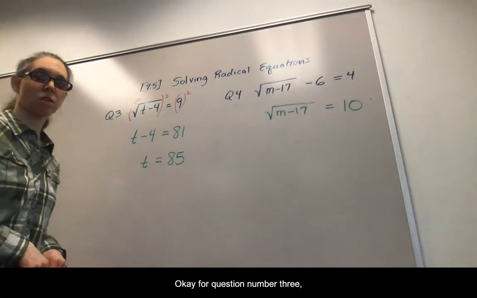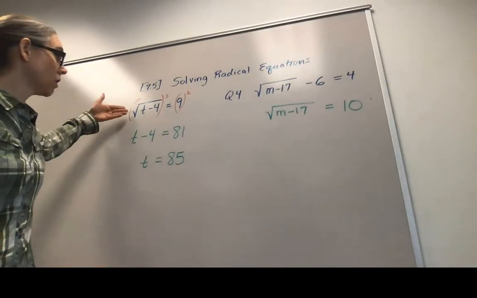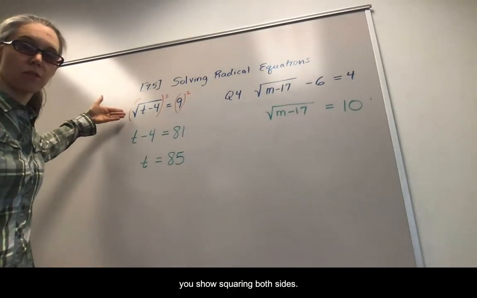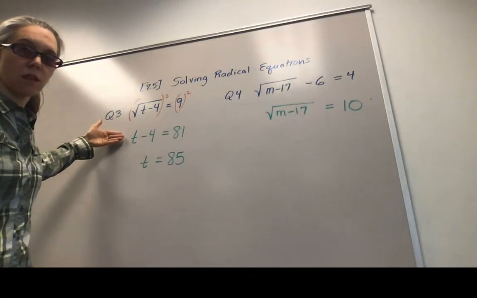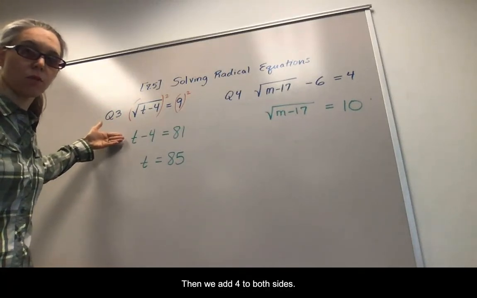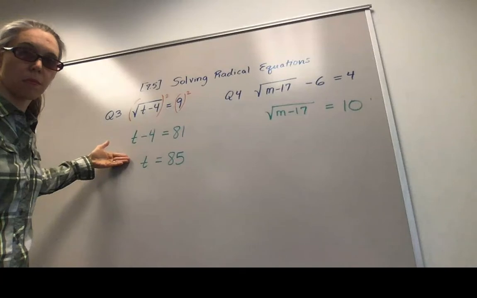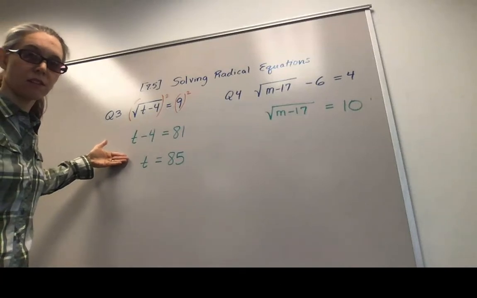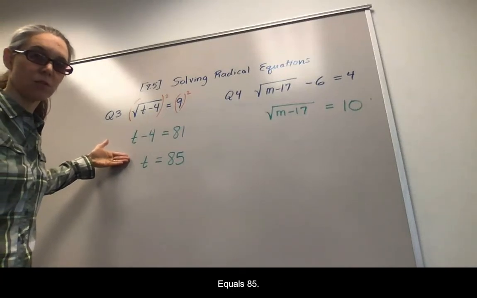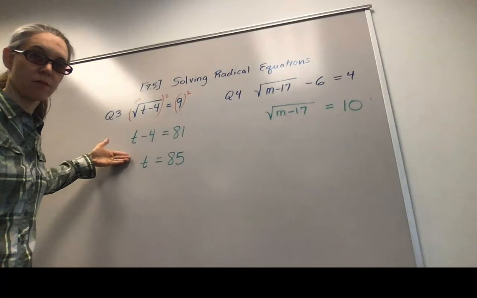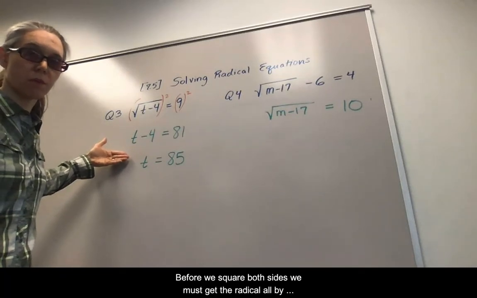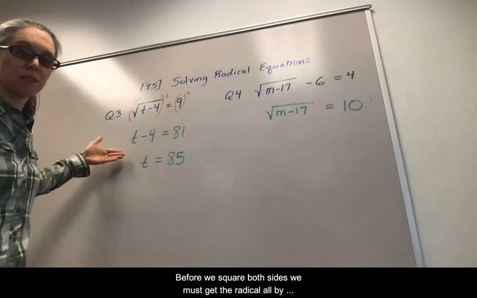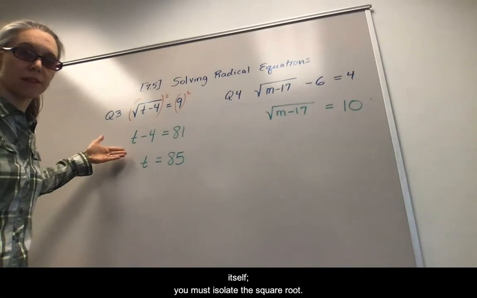Okay, for question number 3, you show squaring both sides, the result, then we add 4 to both sides, and our final answer is t equals 85. For question number 4, before we square both sides, we must get the radical all by itself.